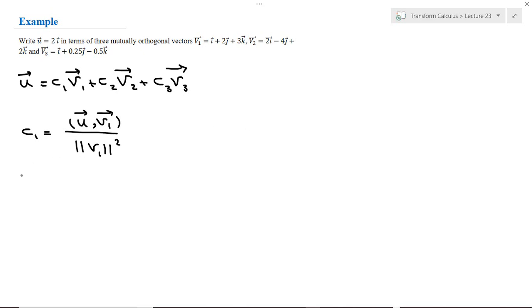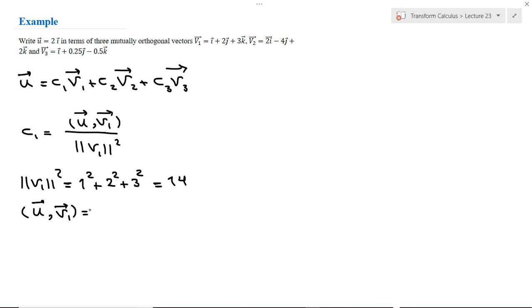So what's the magnitude of V1? Magnitude of V1 squared is equal to the coefficient of I, which is 1 squared, plus the coefficient of j, which is 2 squared, plus the coefficient of k, which is 3 squared. As a result, it's equal to 1 plus 4 plus 9, which is 14. What's the inner product of U and V1?